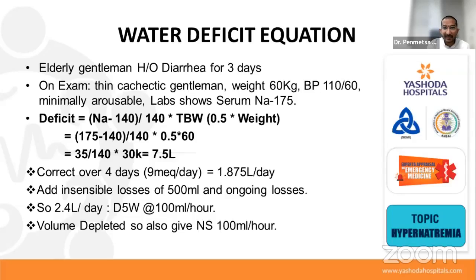That is 1.35 ml per kg per hour. Monitor the sodium every 6 hours, and accordingly, you can increase or decrease your sodium correction. Why this is important is that this is more practical rather than calculating the deficit and trying to correct it, because most often we are not going to get the adequate correction or the exact correction that is expected from the formula.